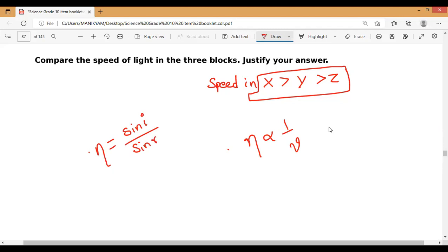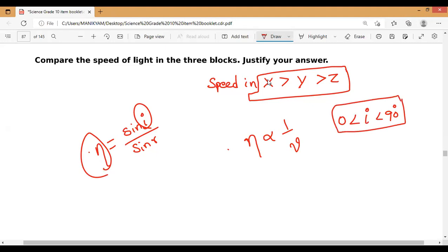Now, if the angle of incidence is minimum, then the refractive index is also minimum. What is the relationship between refractive index and the angle of incidence? Yesterday I told you in our school class, the incident angle varies from 0 to 90, very, very important. Do you understand, everybody?